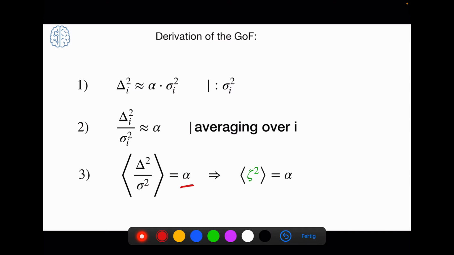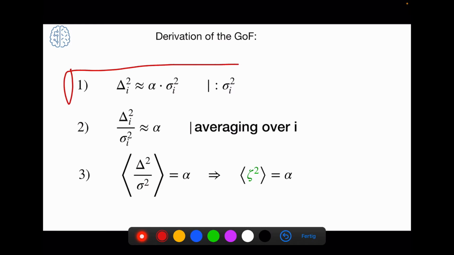You can replace alpha in your mind by 1 as a simple way to think about it. And then if you need correction, you remember that it's slightly smaller than 1. This equation here and this equation here, they state the same. On the right-hand side, it's just that delta squared over sigma squared is abbreviated by zeta squared, the squared weighted residual.